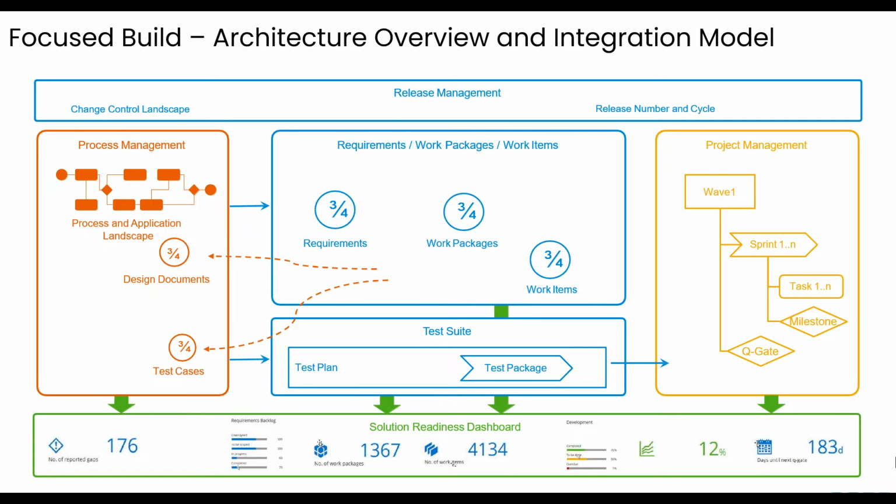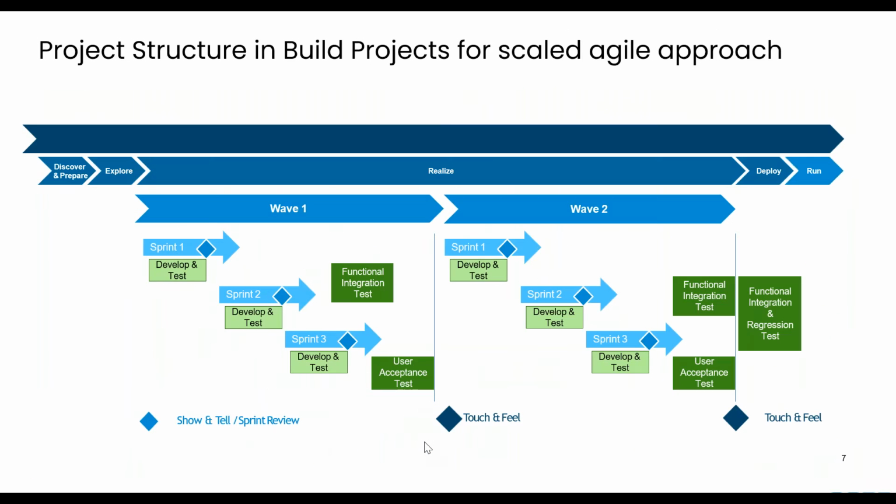Now, all of this information and these deliverables added to Focus Build will primarily be tracked within a solution readiness dashboard. So at any given time, if there is any type of change in status, resources, dates, and so on, all of that information is also tracked within this readiness dashboard.